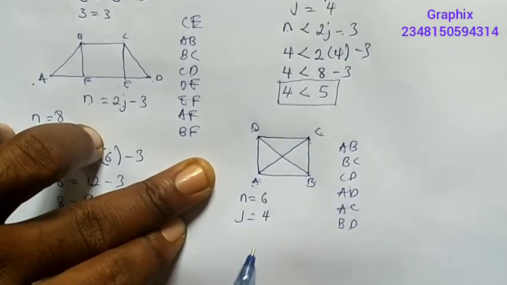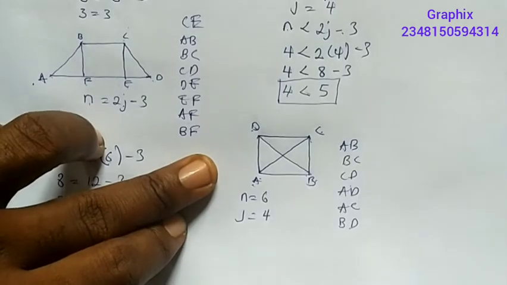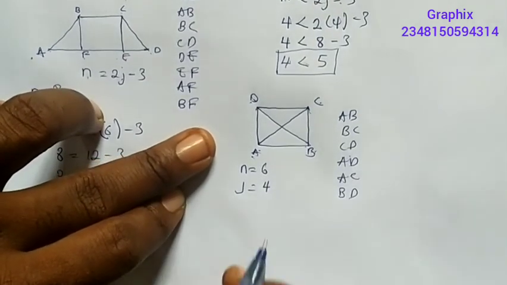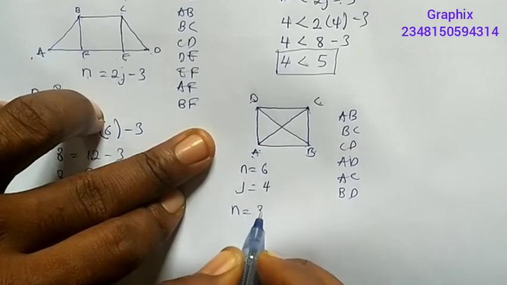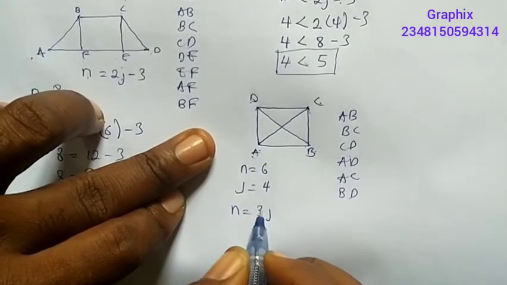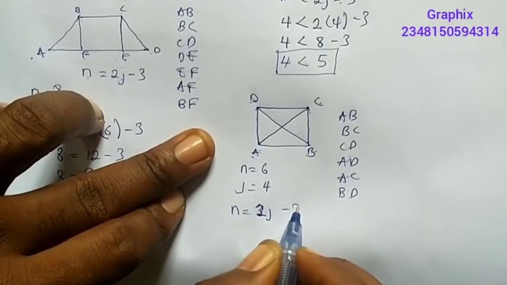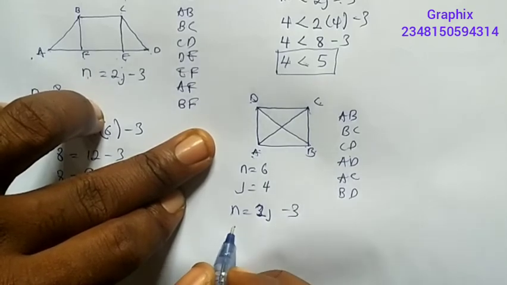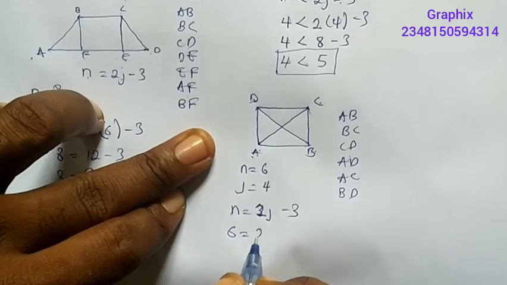And for you to know if it is a perfect frame, we use this formula that says n is equal to 2j minus 3. So let's put n here now. N is 6. 2 times j, which is 4, minus 3.